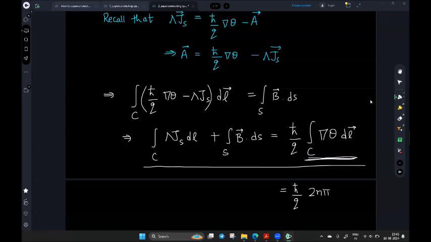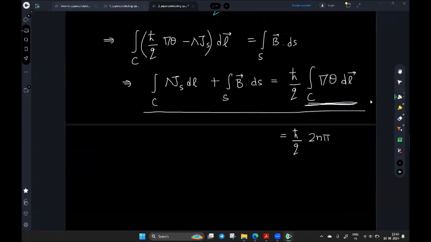And if you're thinking, how is that the case? This can be understood in terms of the phase of the wave function. Recall that I had written psi as the square root of rho times some phase factor, an exponential of some phase.